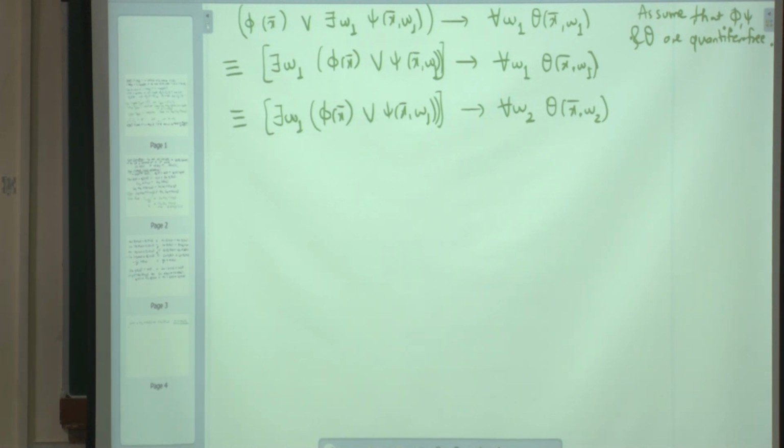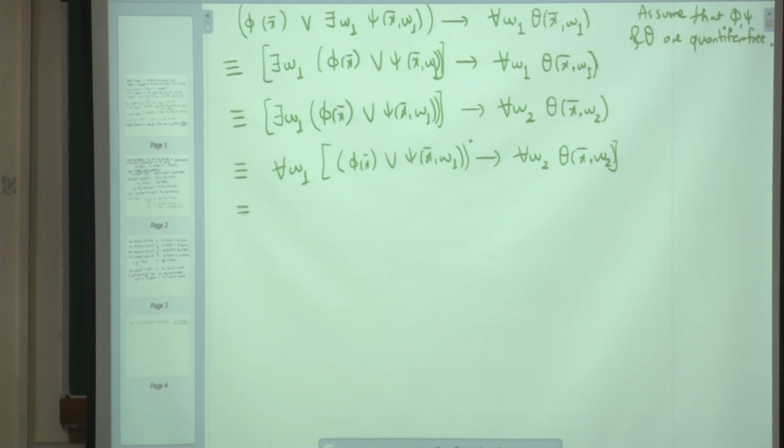And what will it become? Sure, right? Okay, so for all W1, then I put a big bracket, then phi x bar disjunction psi x bar W1, and then implies for all W2 theta x bar W2, and then the big bracket is complete.